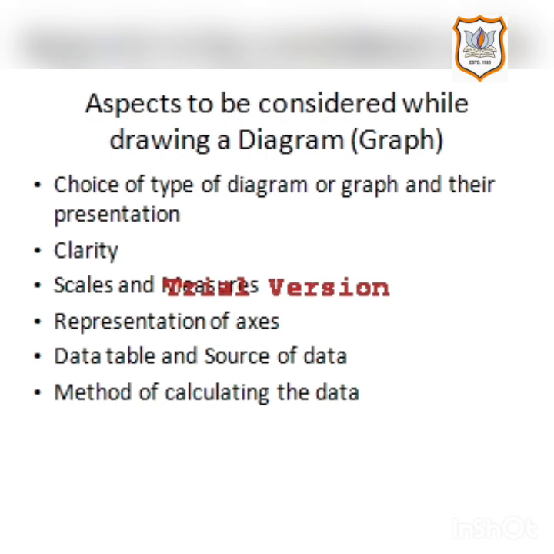For example, if a diagram is drawn regarding the growth rate of population in India, then the source of this data, that is the census of India, along with the year, must be mentioned. No picture drawn without a data table and its source can become reliable.